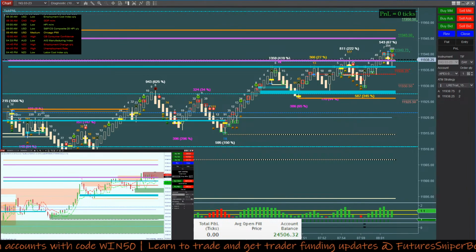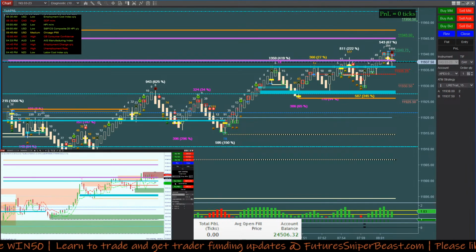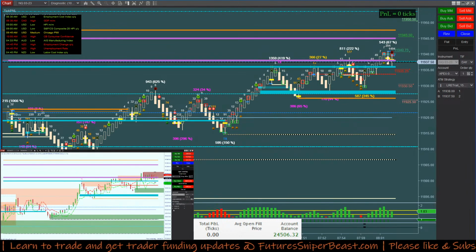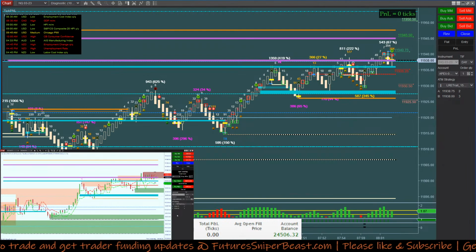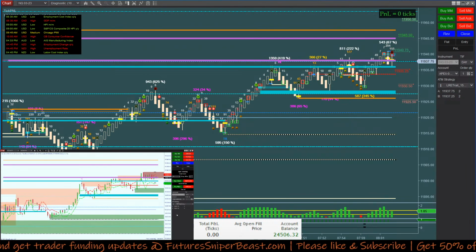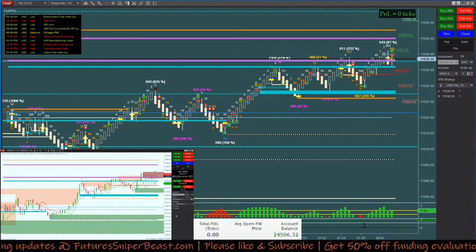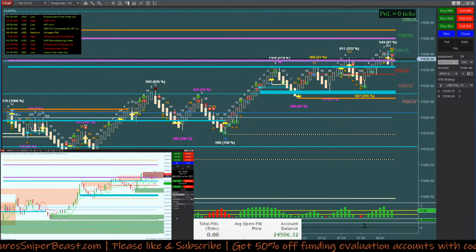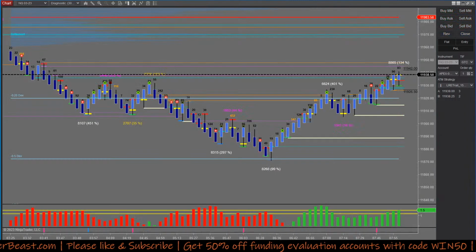Let's see if this breaks long here. It's kind of chopping around at this top. Got some double clusters on the 30.